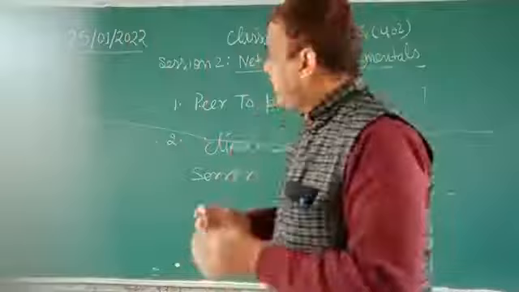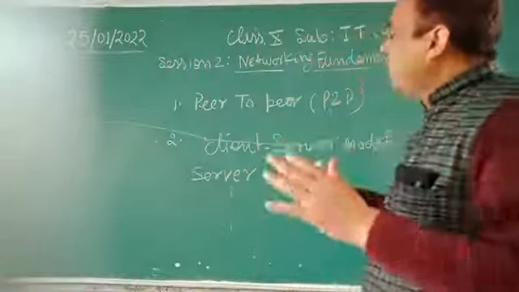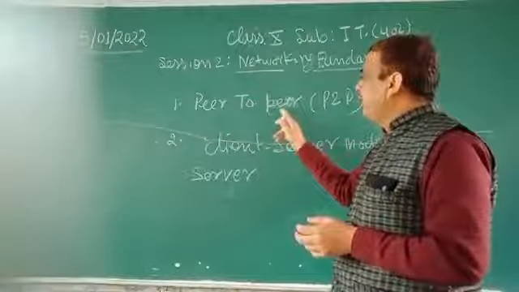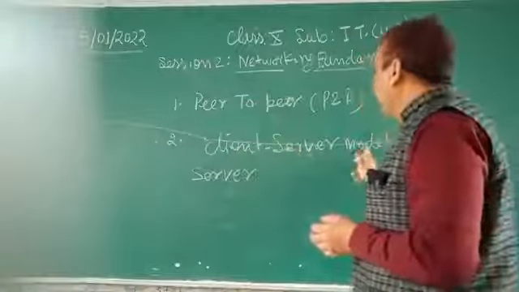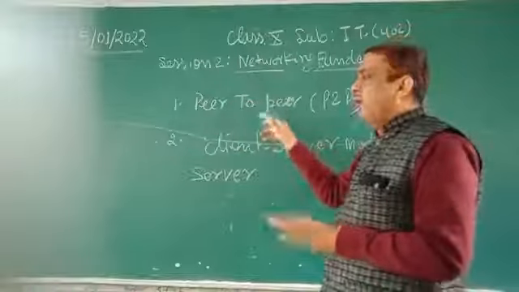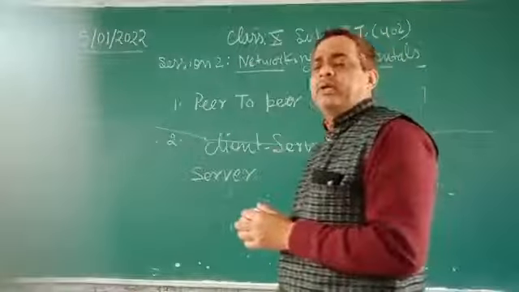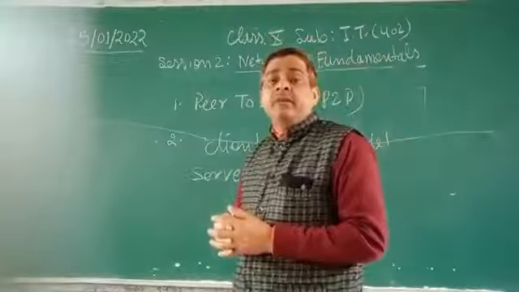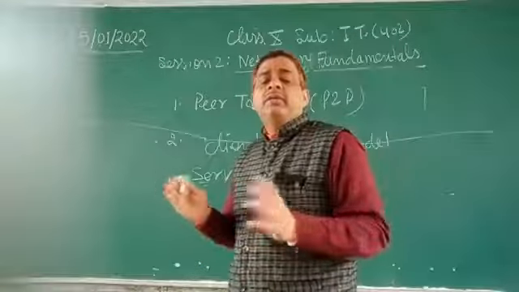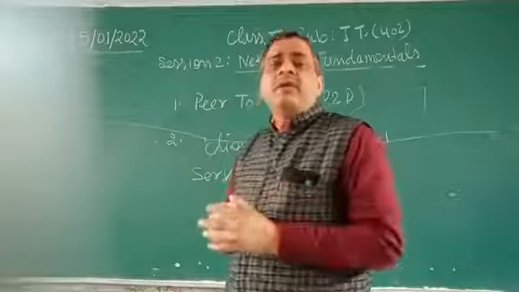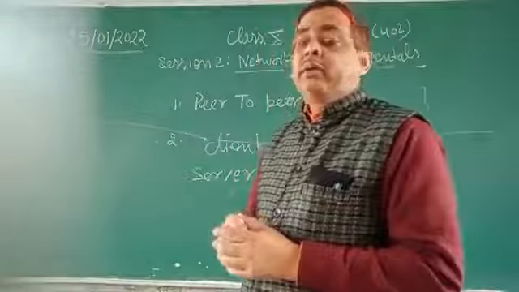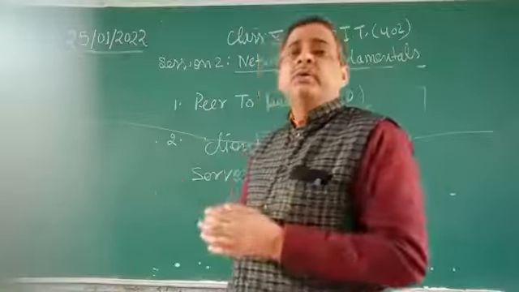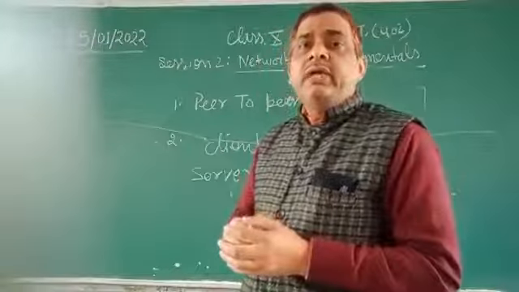Students, as you see here, there are two types of computer model. One is the peer-to-peer model, and there is the client server model. In the peer-to-peer model, each computer has equal status. There is no priority. All computers are equal, and they are able to use the central processing unit equally.